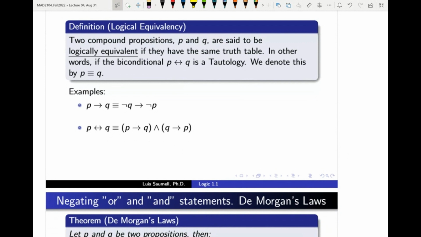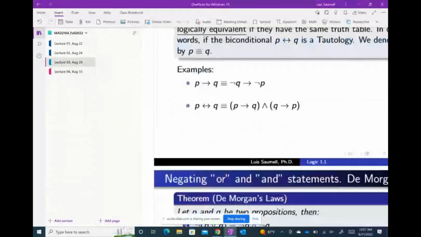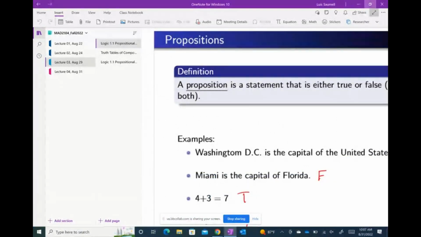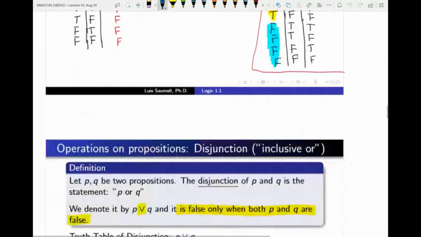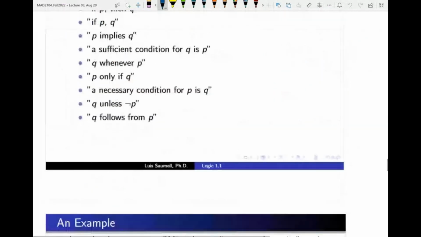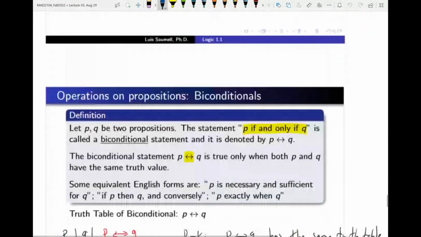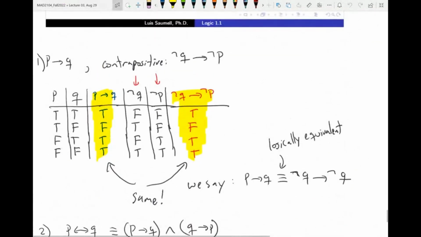And we argued last time that these two have the same truth table. We did it here, should be down here at the end. Last time we did the conditional, we did the contrapositive, and we showed that they have the same truth table, the same truth value.